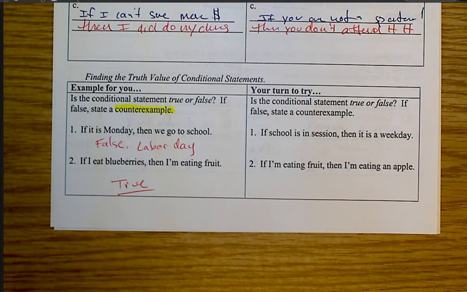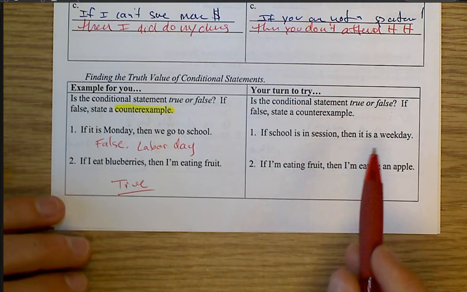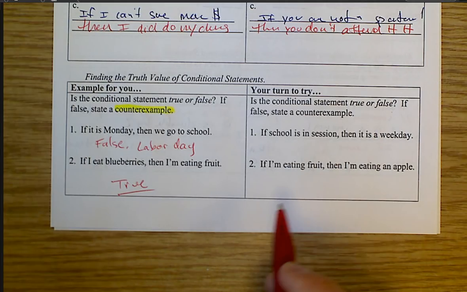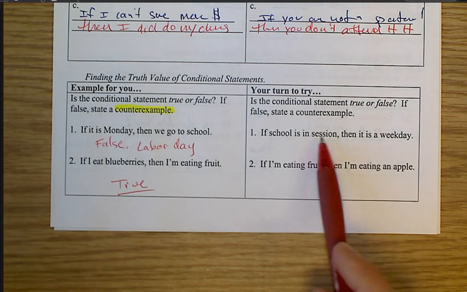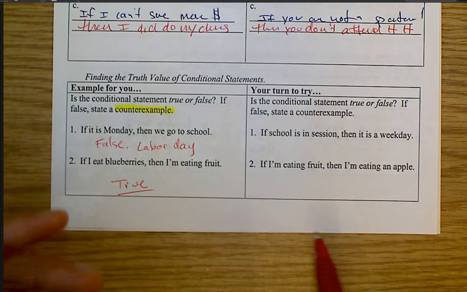All right. If school is in session, then it is a weekday. Now, some of these are debatable. I like to have a lot of fun with kids, and kids usually like to test me and try to make up every reason to find it to be false. So here's a perfect situation. If school is in session, then it is a weekday. On a normal school calendar, this would be true.